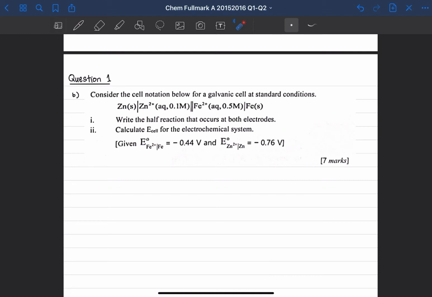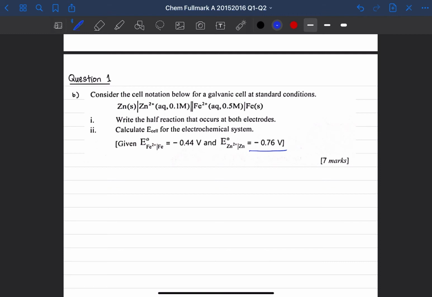So from this information, we must decide first which one is cathode and which one is anode. Both values are negative, so you find out the most negative. Negative 0.76 is more negative than negative 0.44.